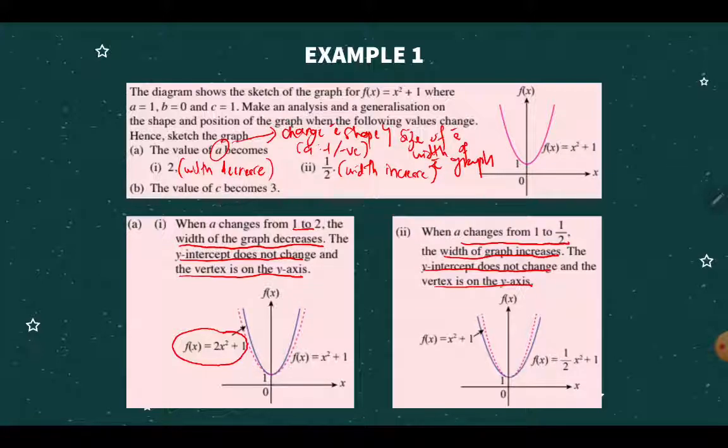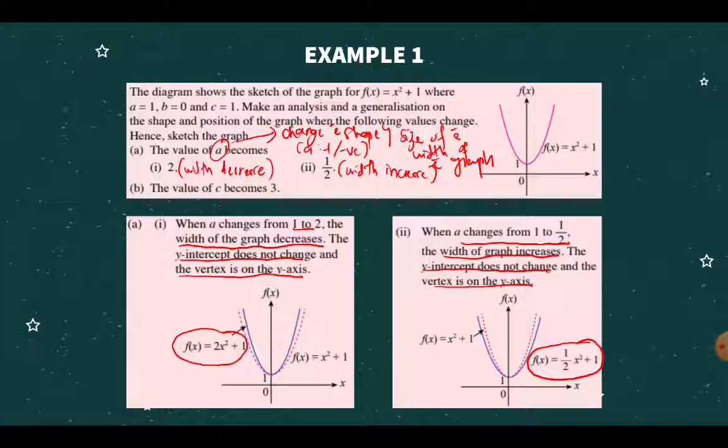The value of a is less than the original value of a, so the width of the graph increases. So this is our new function when a changes. Greater value of a, the width becomes smaller, decreases.